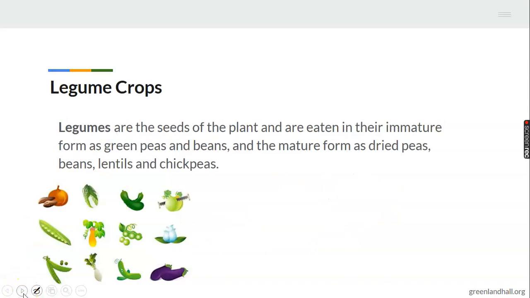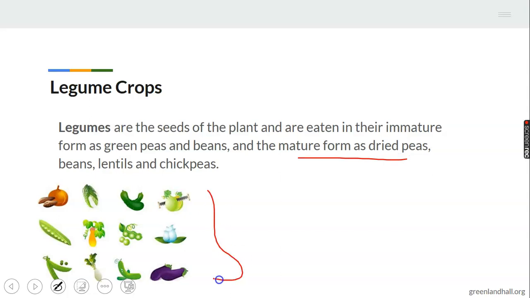So under crops, we're looking at various aspects of crops. Legume crops, for example, what are they? Legumes are the seeds of plants, and they are eaten in their immature form as green peas and beans. And in their mature form they are dry peas, beans, lentils, and chickpeas.